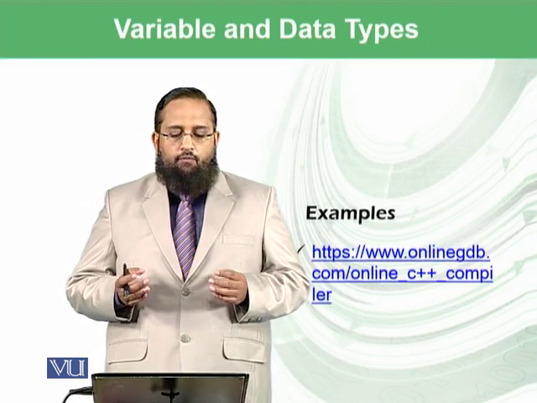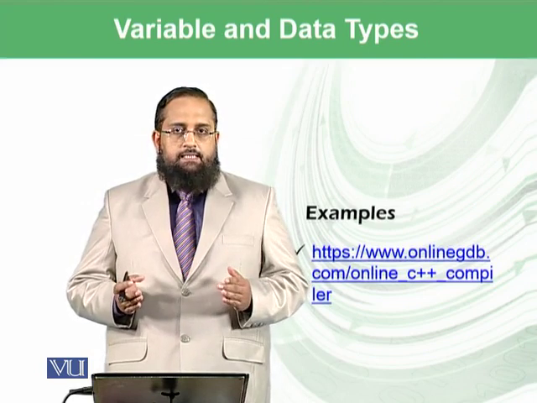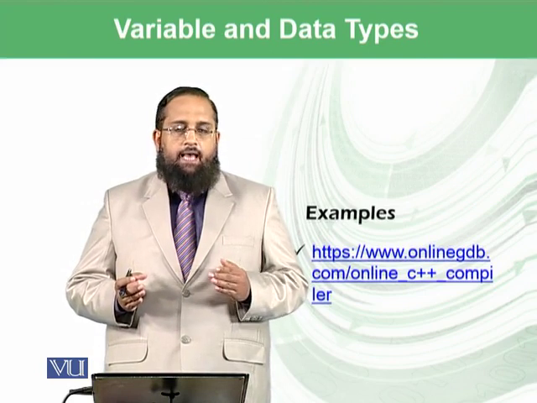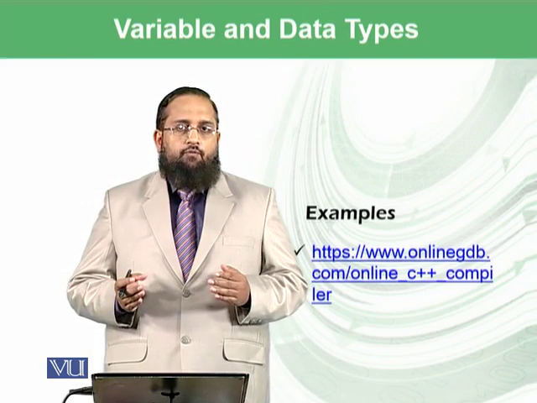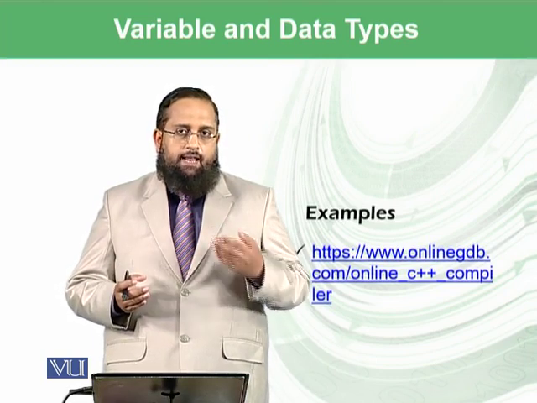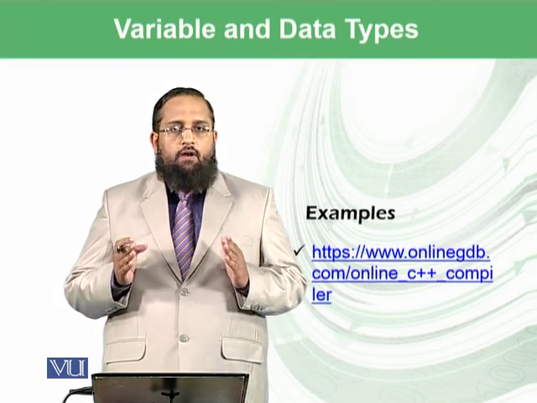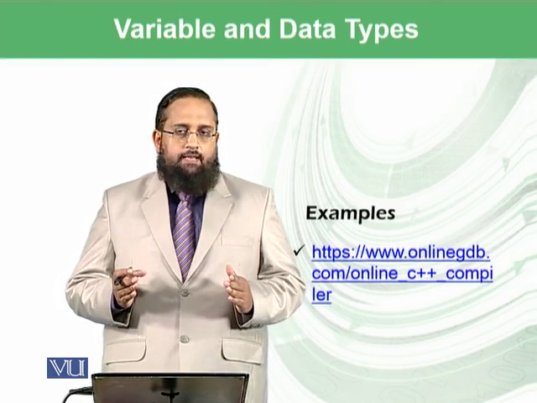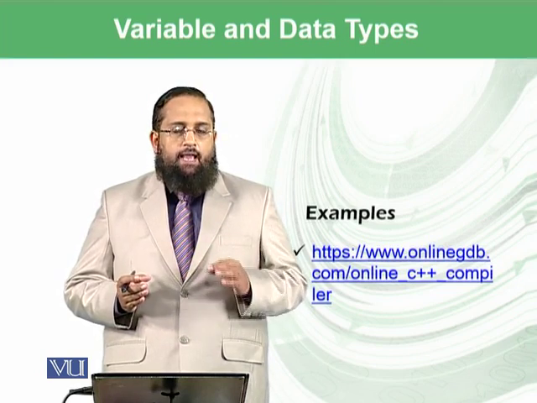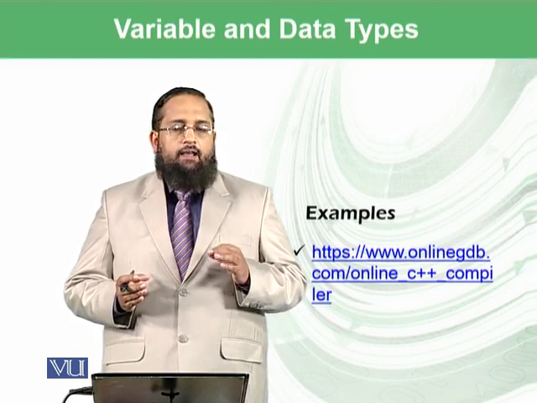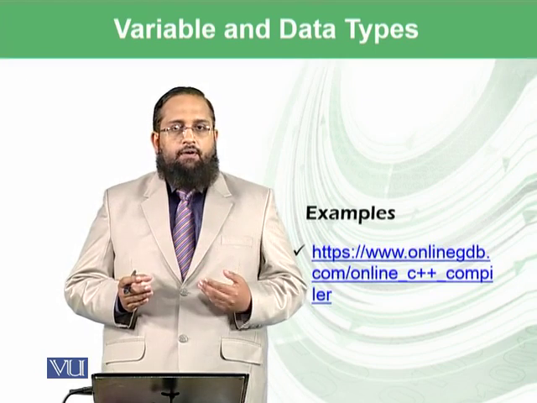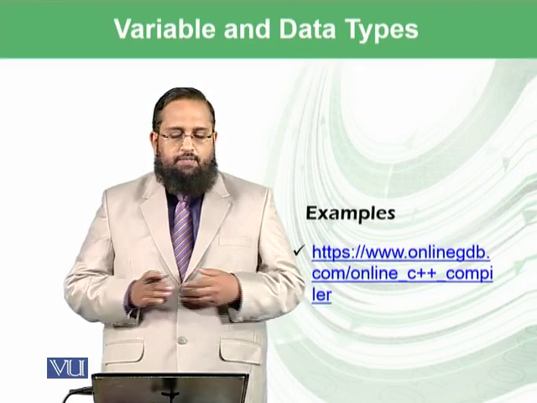So here we will discuss this in the online compiler of C++, as some of you will be studying C++ language in the next courses. So we will not go into very much detail. I will just show you how the variable is defined in C++ and how that variable can be assigned a value and outputted on the screen.